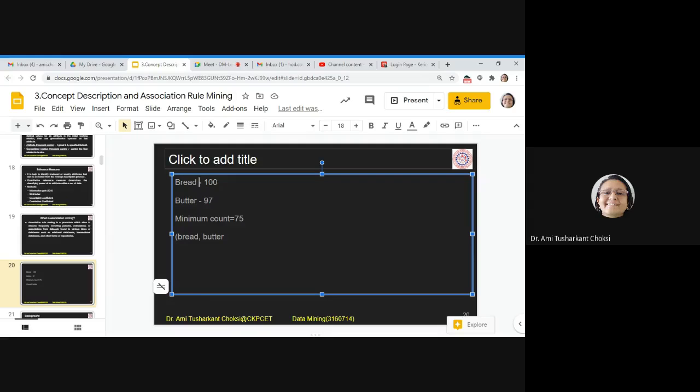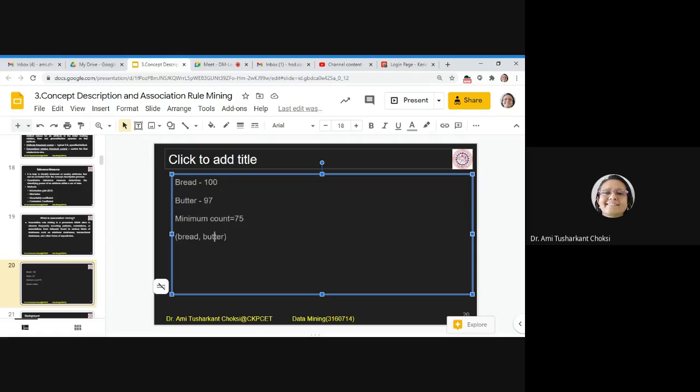Now let us consider both are frequent items. Then let us consider the combo of it, bread and butter. Now what we have to do is count the transactions of customers where the customer has purchased bread and butter together.